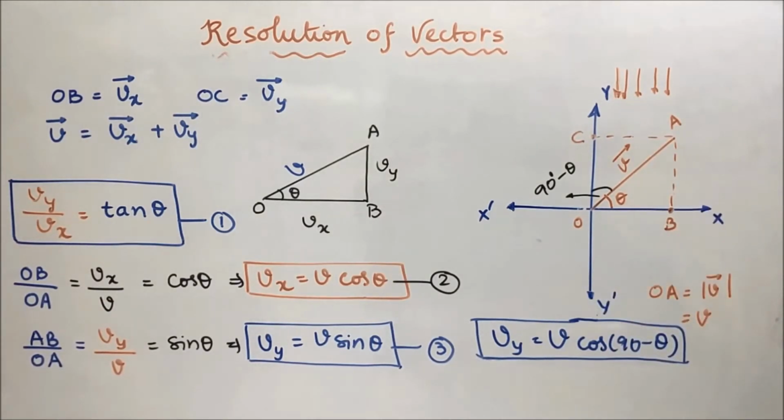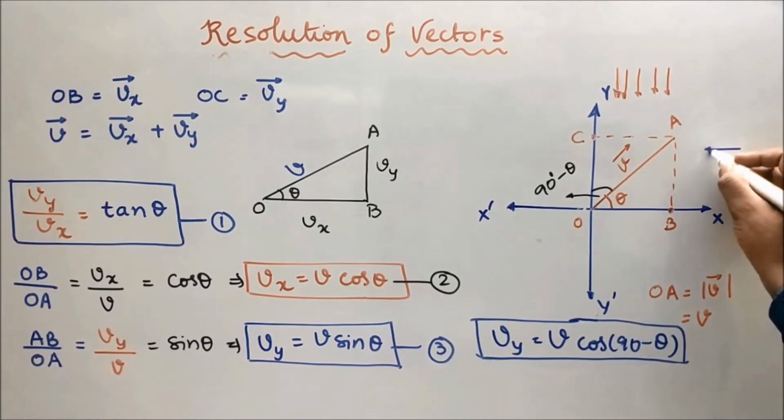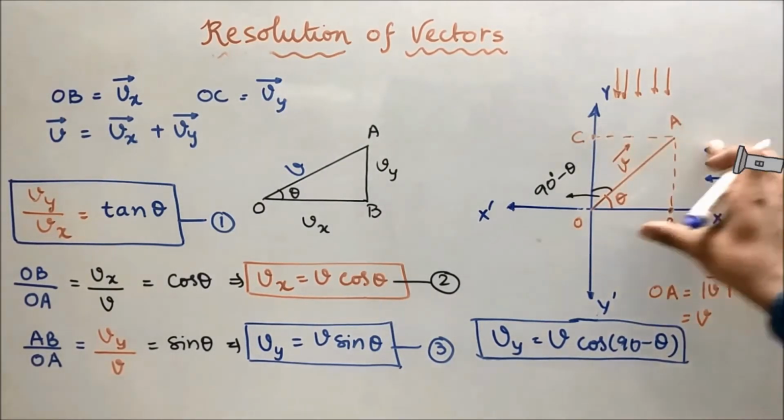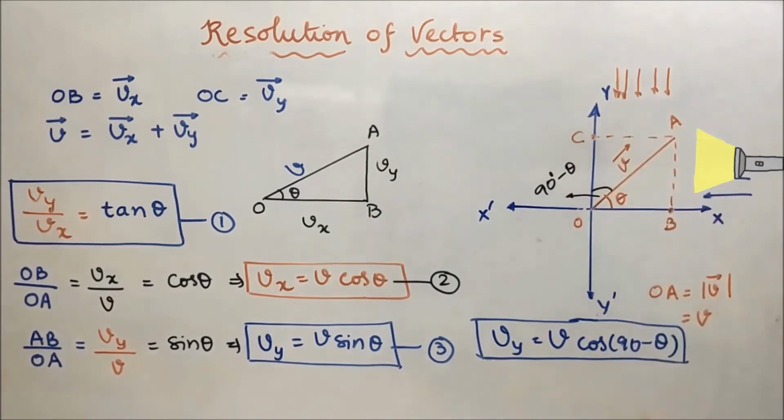Similarly, if I have a source of light which is parallel to the x-axis and perpendicular to the y-axis, what would happen? This vector will block the light and form a shadow whose length will be equal to OC. So OC, which we are writing as Vy, is nothing but its shadow or projection. So Vx is the projection of vector v on the x-axis, Vy is the projection of vector v on the y-axis.